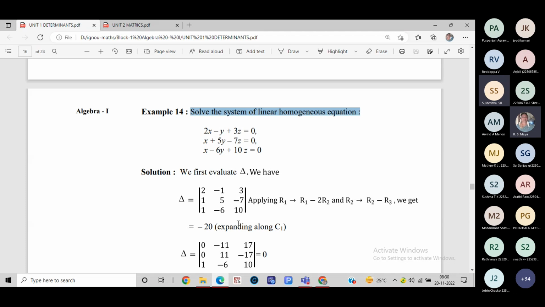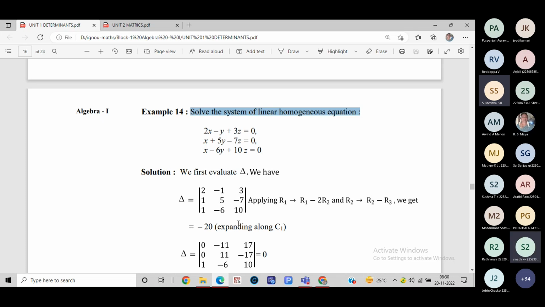Again plus 1 into 10 plus 7. Then minus 6 into 7. 10 ones are 10, minus into minus plus 7, 10 plus 7.